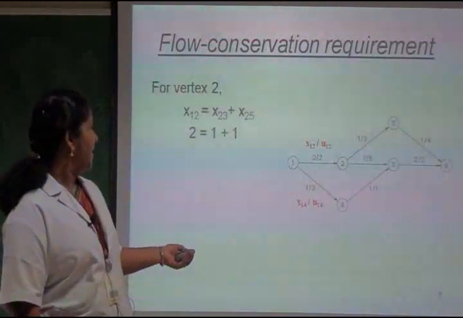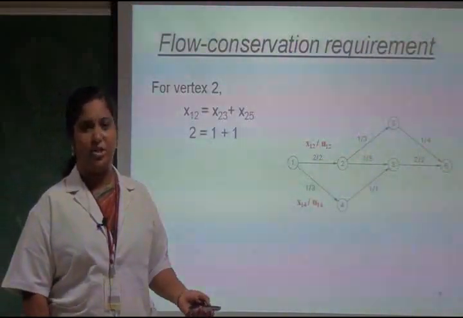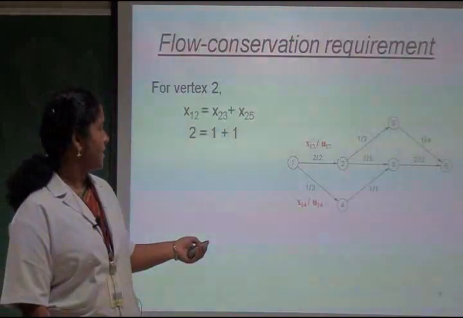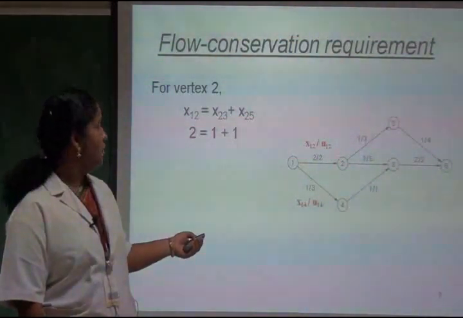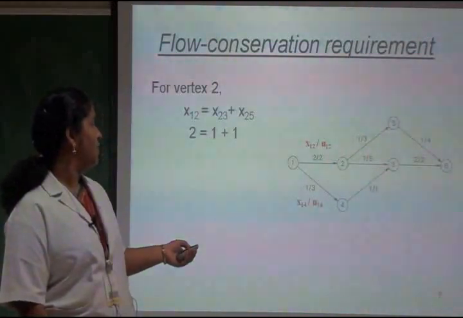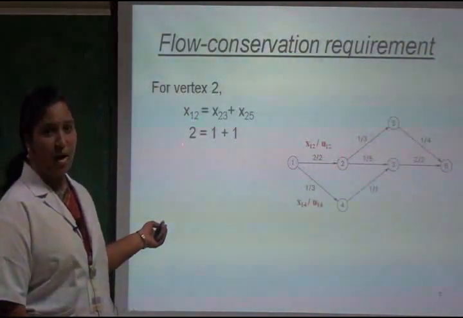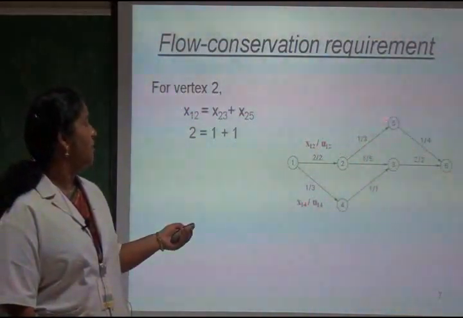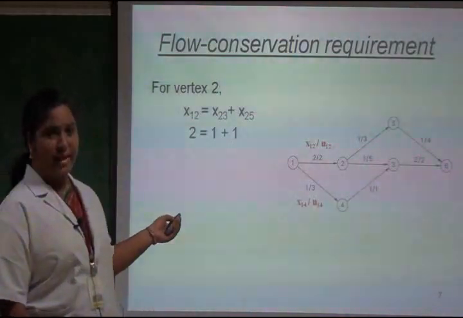Now, for example, consider vertex 2. Here we have to apply this flow conservation requirement for intermediate vertices only. In vertex 2 you are having one incoming edge and two outgoing edges. The incoming edge is (1, 2), so it is written like this: x12, which is equal to, you are having two outgoing edges (2, 5) and (2, 3), so x23 plus x25.